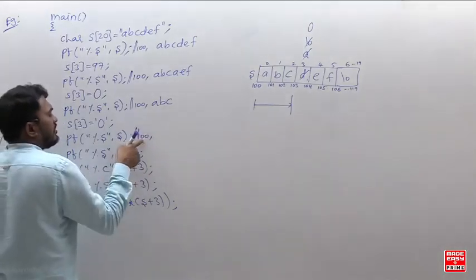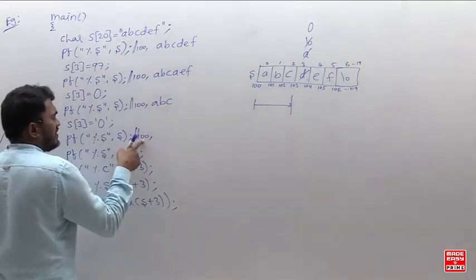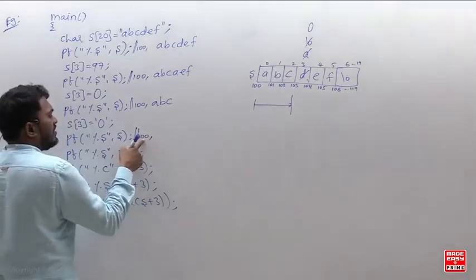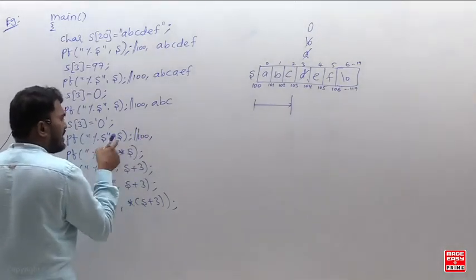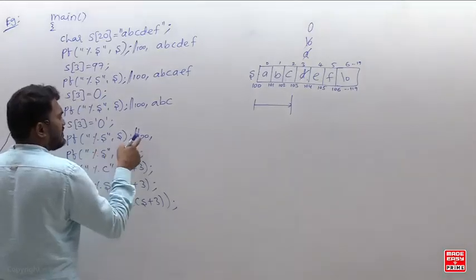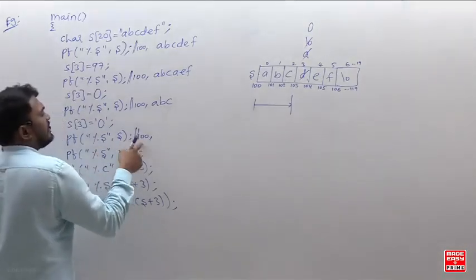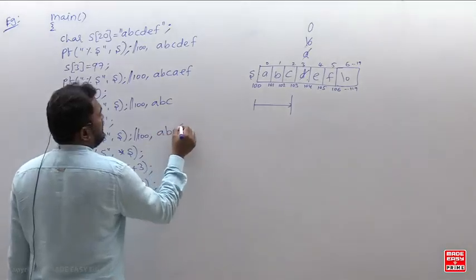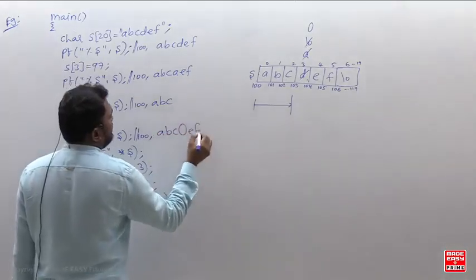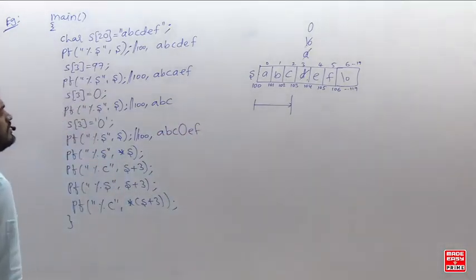Remember, what you are providing to percentage s is base address 100. Please understand carefully, this 100 is not printed. I am writing it here just for understanding purpose. Now tell me if I print s, what is the value here? A, B, C, 0, E, F.